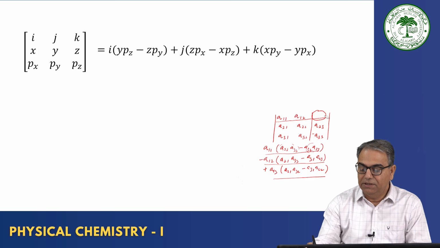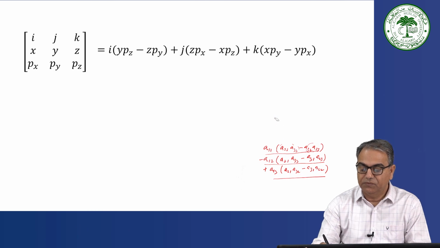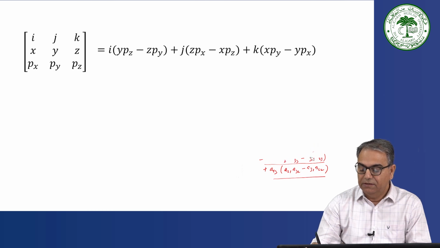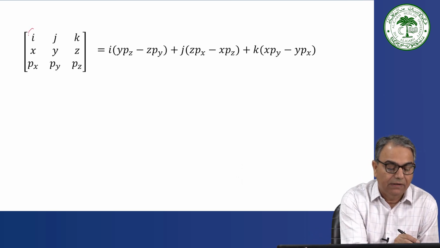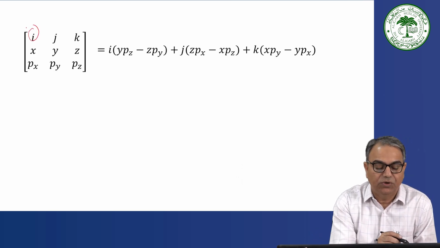Let me erase it because I wanted to tell you how to write the matrix. Okay. So if you write the matrix, and the matrix is already written there, and if you want to get the value, you will get it. If you take i, then what is the term which should be there?